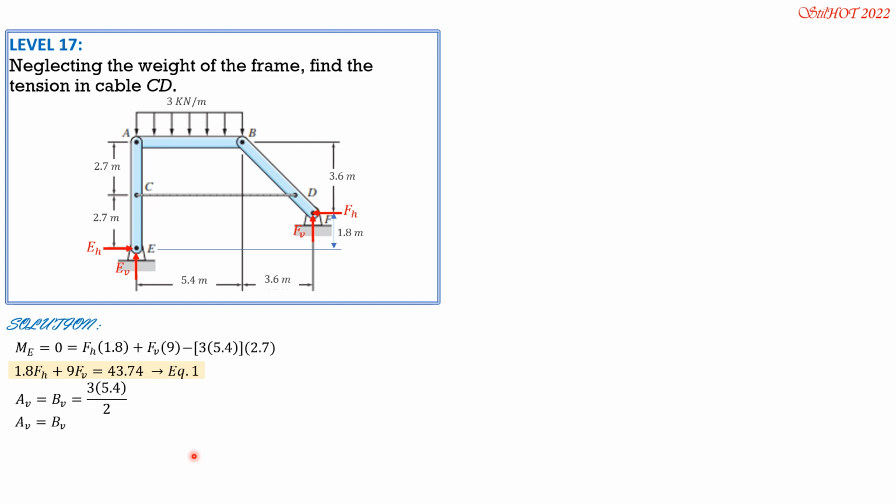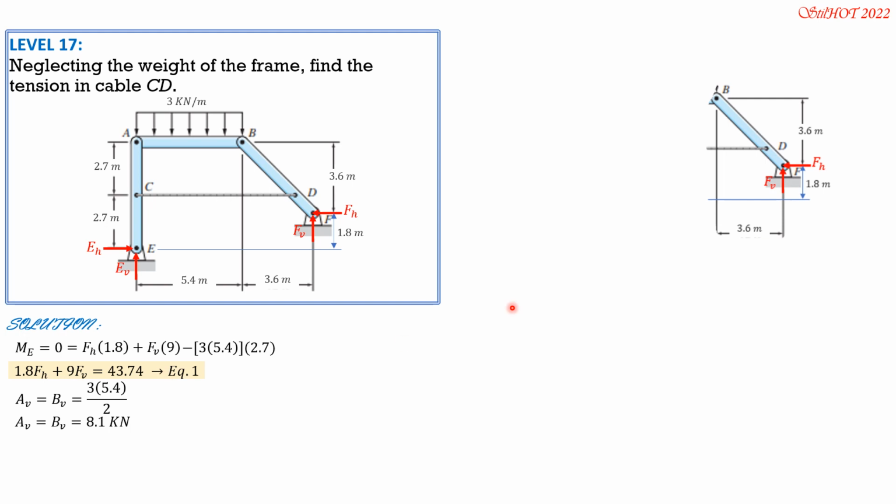So A sub V equals B sub V equals 8.1 kilonewtons. Then substitute here in equation 1. Because AV is upward, since the loading is downward, when we transmit it to this member here, the upward force will now be downward 8.1.